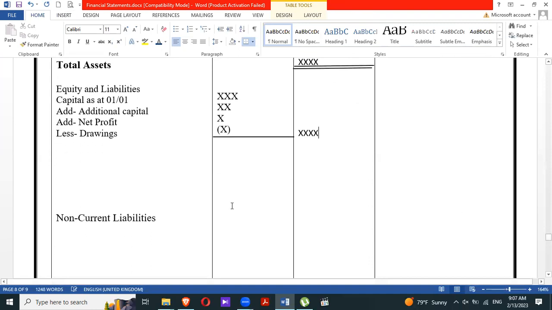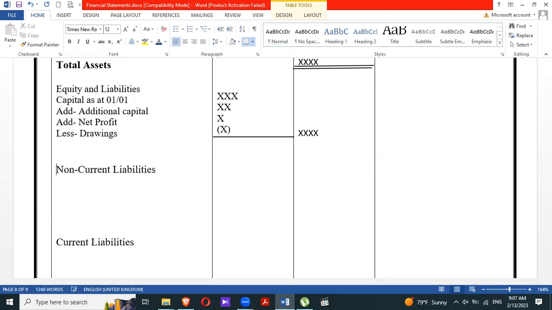Okay. Then you can take non-current liabilities and write the title. Under non-current liabilities, I told you only one non-current liability will come. That is bank loan.